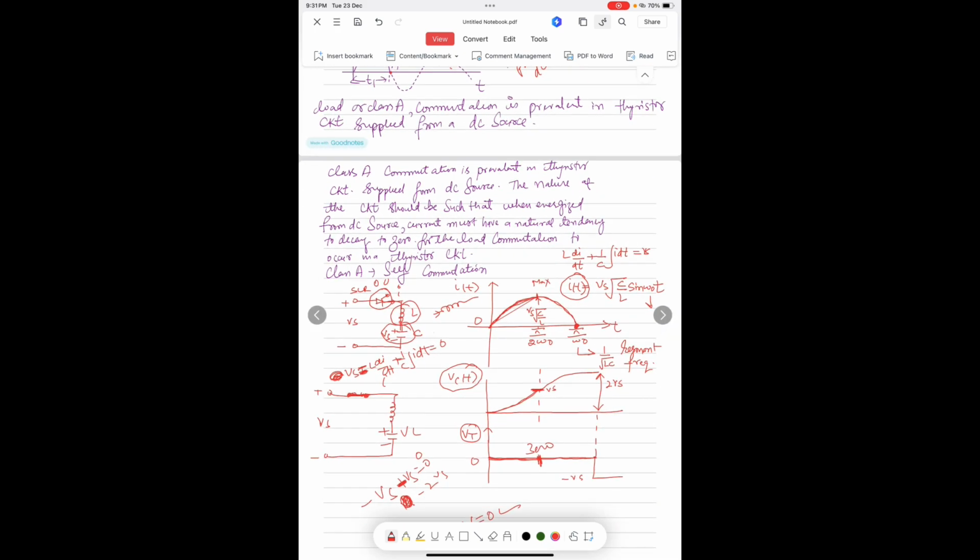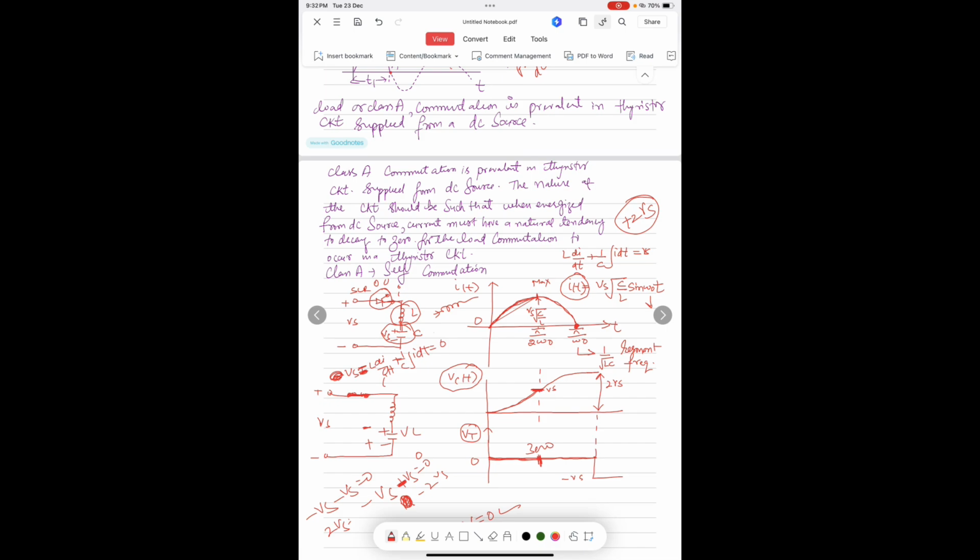After a particular time, it starts discharging, reaching a period of pi upon omega naught. Before the circuit was turned on, the capacitor was already charged to a value of 2 Vs. How was it charged? It was already minus Vs and the polarity was previously minus plus. So it is 2 Vs before we turn on the circuit.